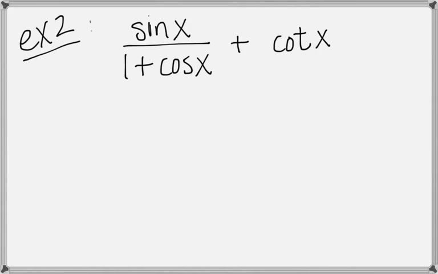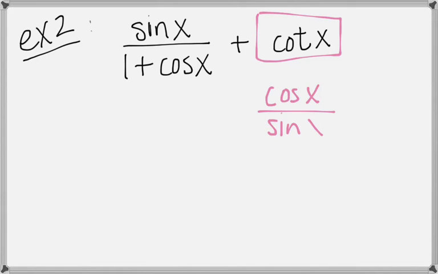So does anybody see something that's jumping out at you as something we could do really easily? Vaishu? Good. Convert cotangent of x to cosine of x divided by the sine of x.